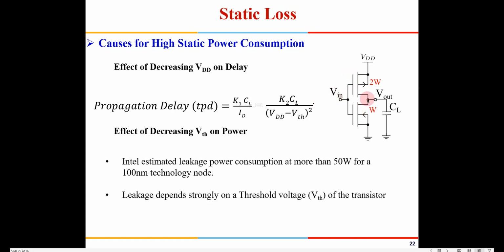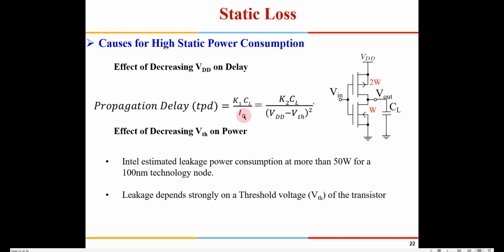It will see a capacitor. Then this is going to drive another such inverter. If it is going to drive another CMOS gate, then it will see a capacitor, which is the gate capacitance, the capacitance available at the gate of the next stage. Similarly, this drain terminal also contributes some capacitance. So this is CL. How fast this node will get charged to 1 or discharged to 0 depends on the current which is flowing.